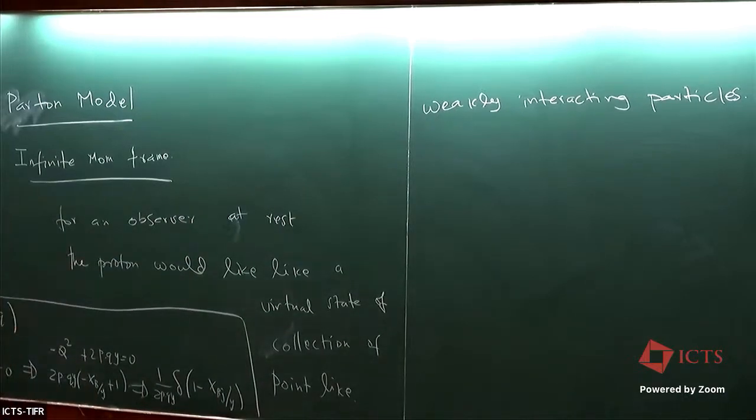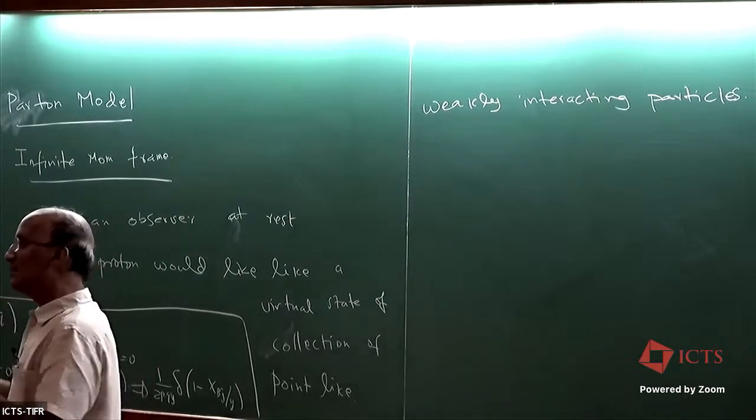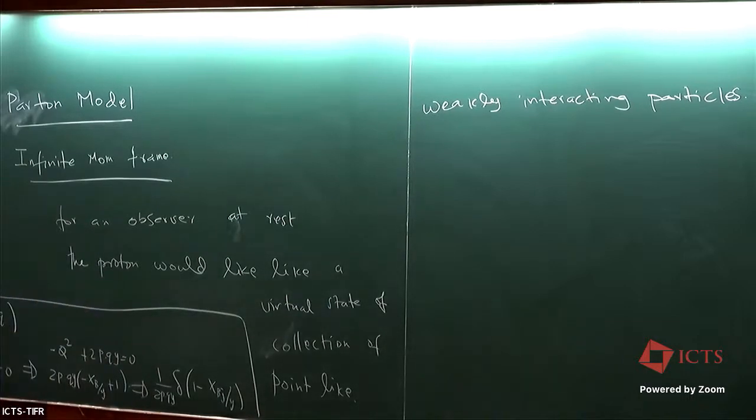Hence, you have a picture where you have simply an incoherent sum, almost like classical scatterings. One scattering does not know anything about the other scatterings. Okay, so that's the kind of picture.